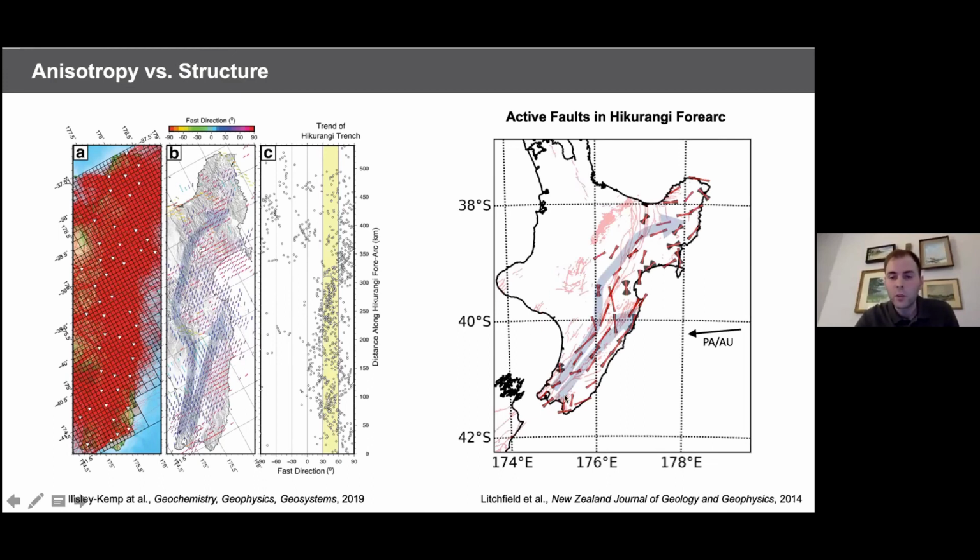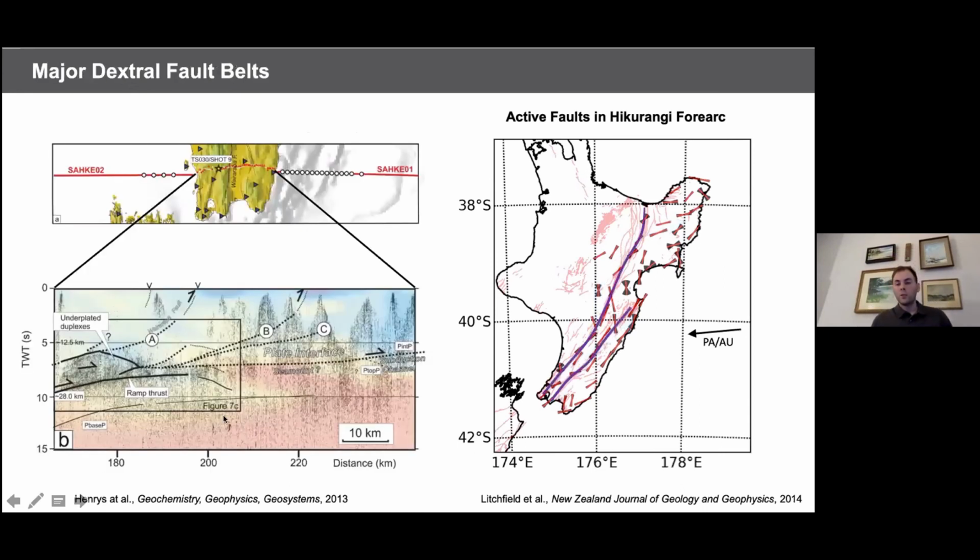So closer to the coast here, margin parallel, and in northern Hikurangi, this rotation to a more east-west direction.